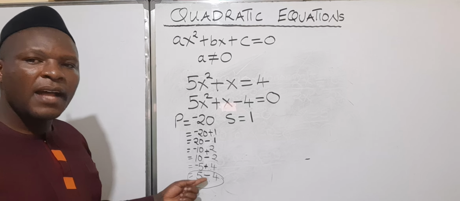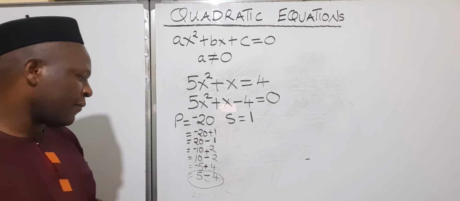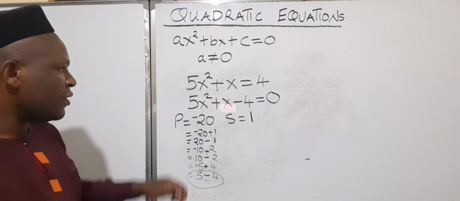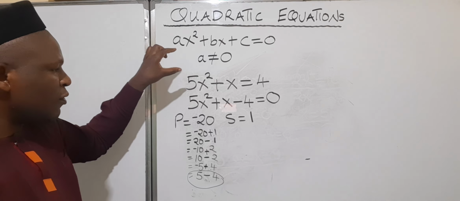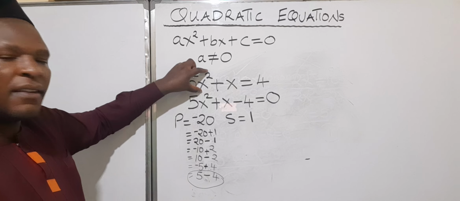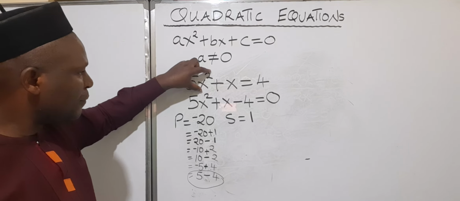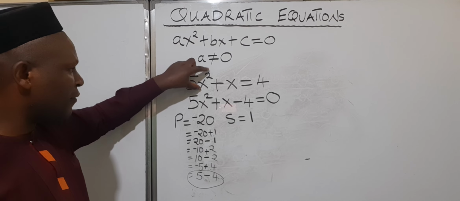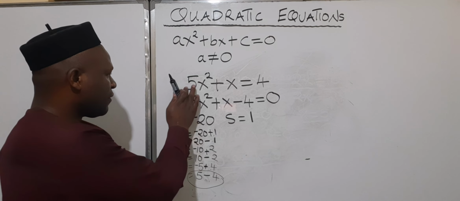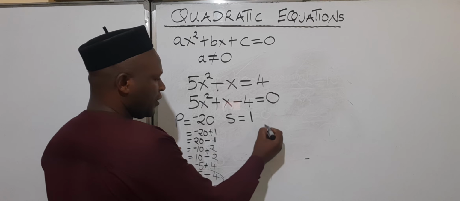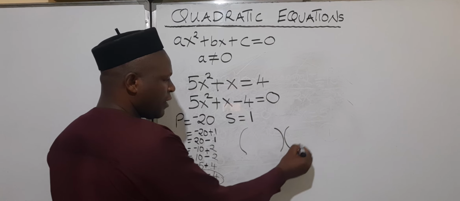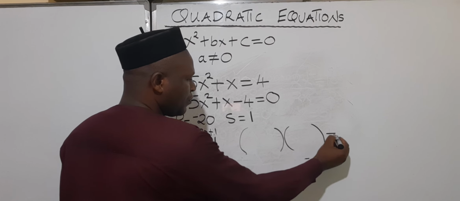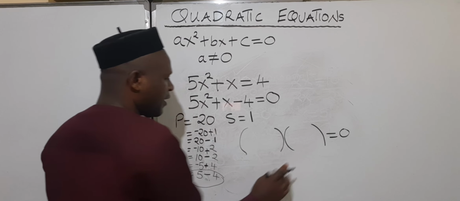Positive 5 and negative 4, you get a 1. Now, what you do is you go back to the coefficient of the variable of the highest power, which is the value of A. You do this as simple as it is. You can use the method you are very familiar with when it comes to finding the answers now.